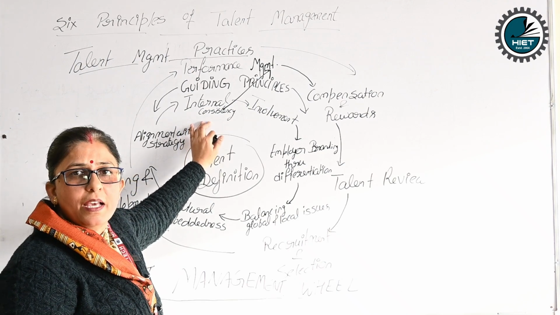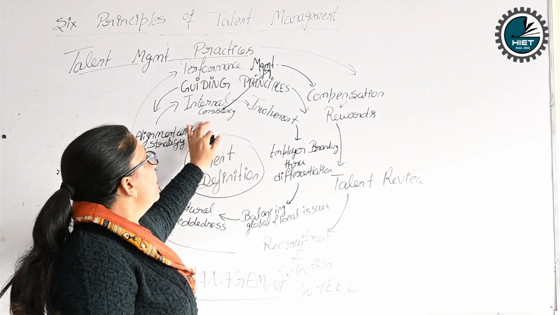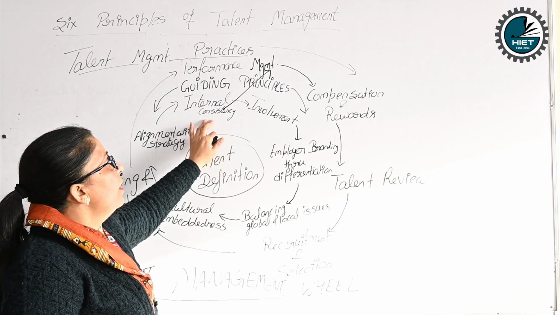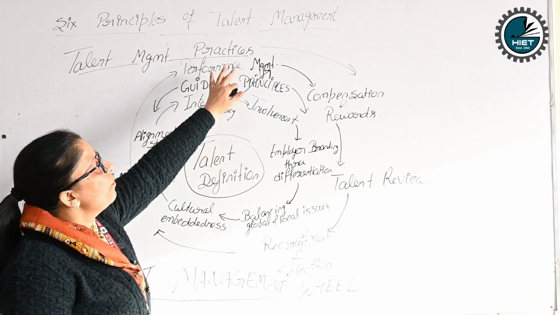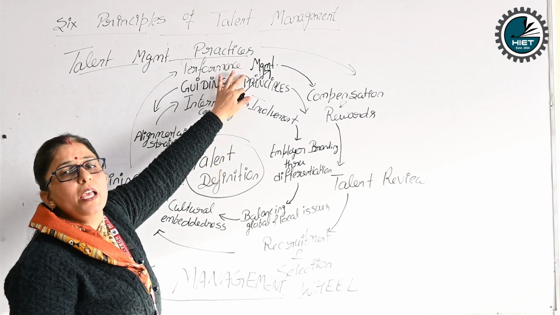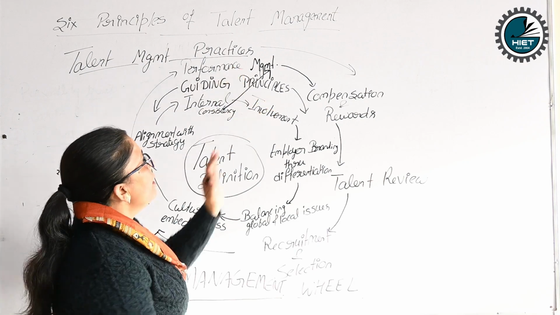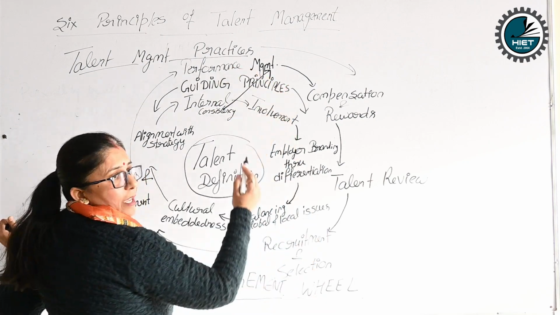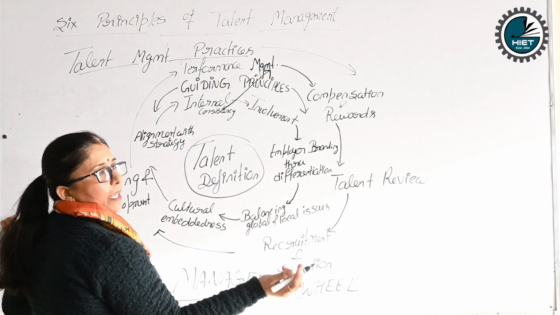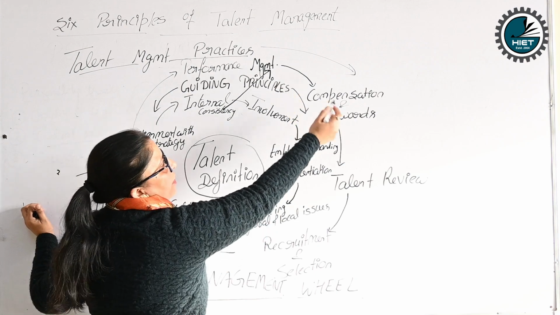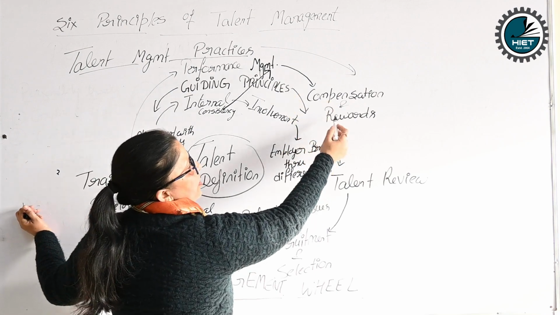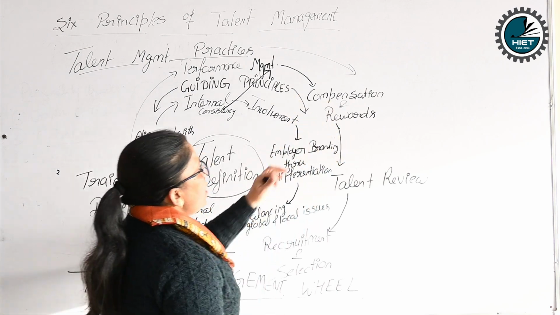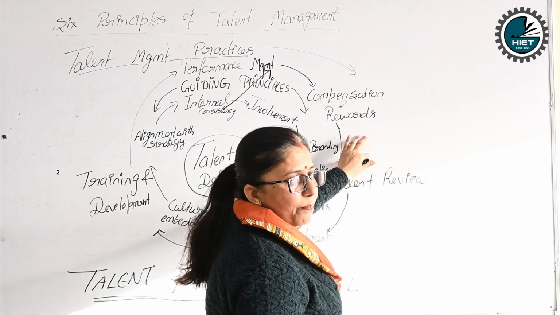What are the ideas behind which an organization is working, that integrates with the performance management of the employee, and then the employer, as well as the organization, both together decide the compensation and rewards.